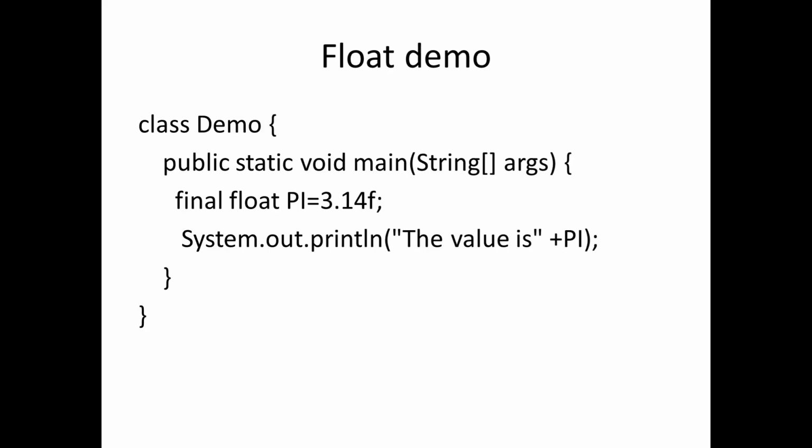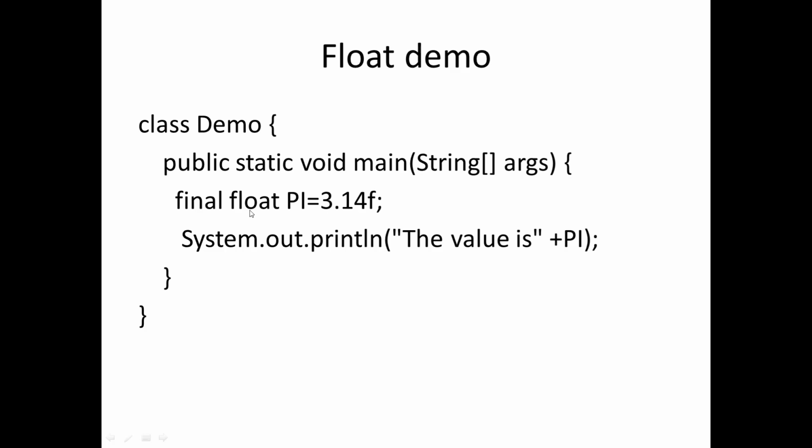Now consider in which situations the final variable will be useful. If you consider a float value, such as pi, 22 by 7, which is approximately 3.1416, that value will never change.